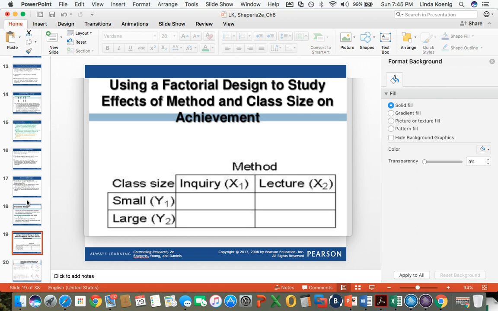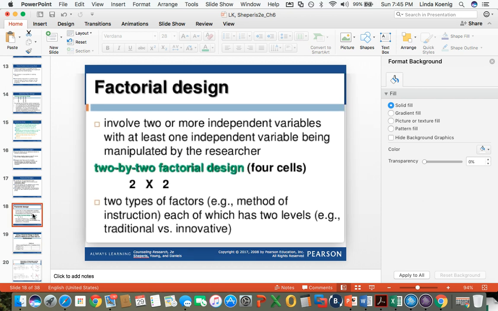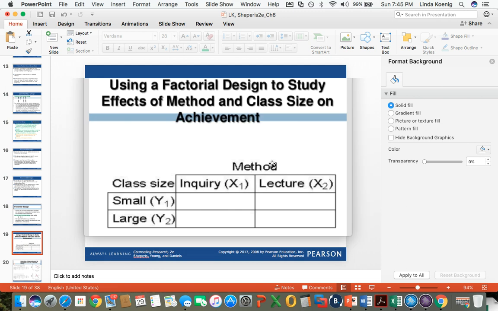All right, so the method here would be traditional, which is method 1, and what would we call the other one? Innovative. I want to say newfangled. Innovative is method 2. And then we have small class, and here we have a large class. So we're going to use the traditional method with a small class and large class, and we're going to use the innovative method with a small class and a large class.